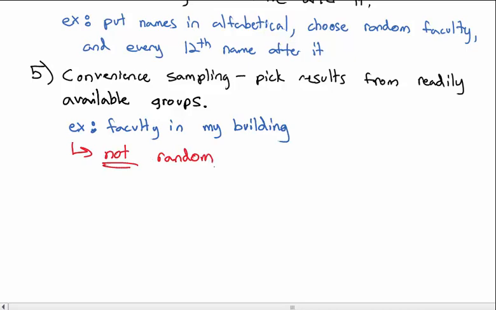And so I could end up with skewed data. If I only interview the scientists and mathematicians, we're going to get a very different view of how the college works than if we interviewed the sociologists and the historians and the professional technical programs such as aviation or the nurses. Not random. Convenience sampling is kind of frowned upon, but it is done a lot in research, unfortunately.